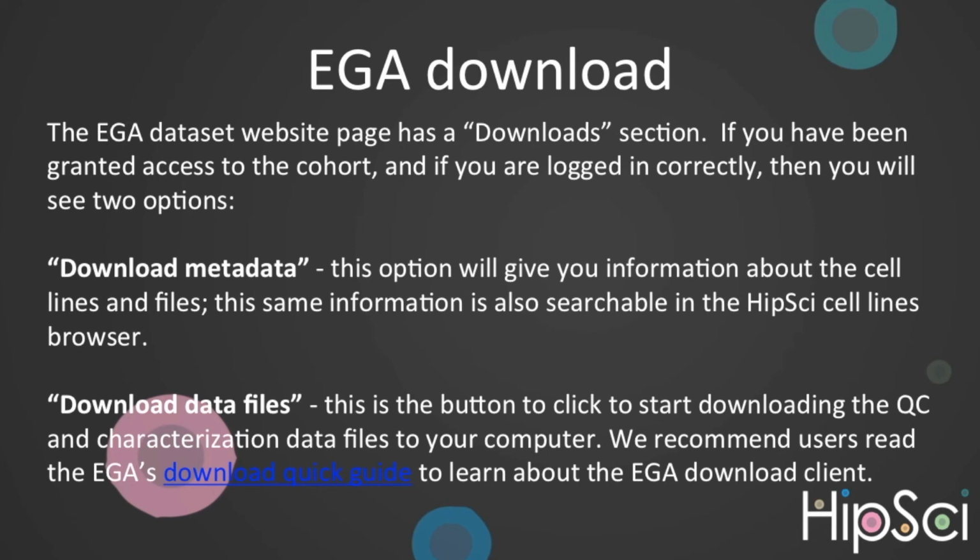This same information is also searchable in the HipSci Cell Lines browser. The second option is Download Data Files. This is the button to click to start downloading the QC and characterization data files to your computer. We recommend users read EGA's Download Quick Guide to learn about the EGA download client.